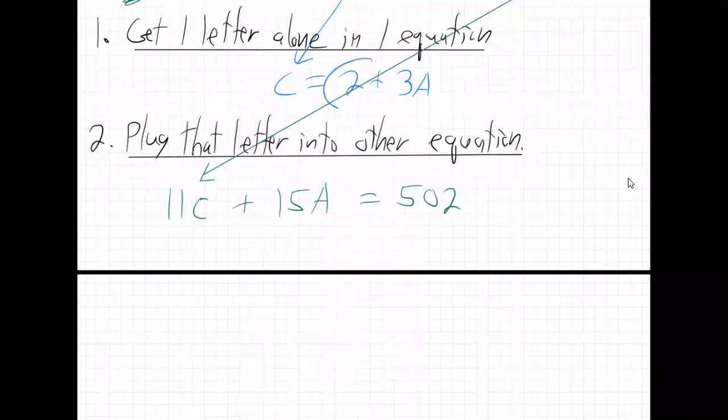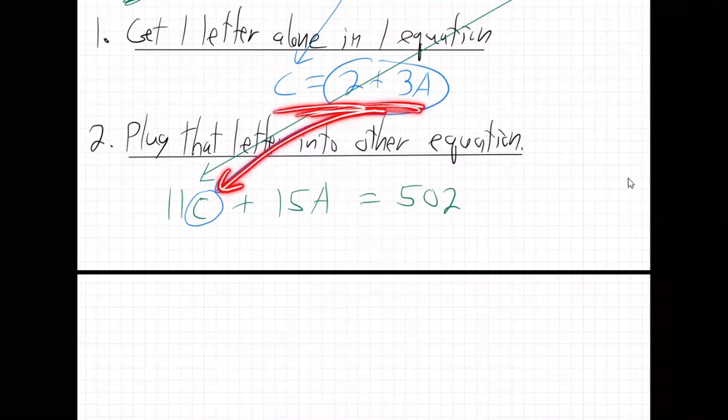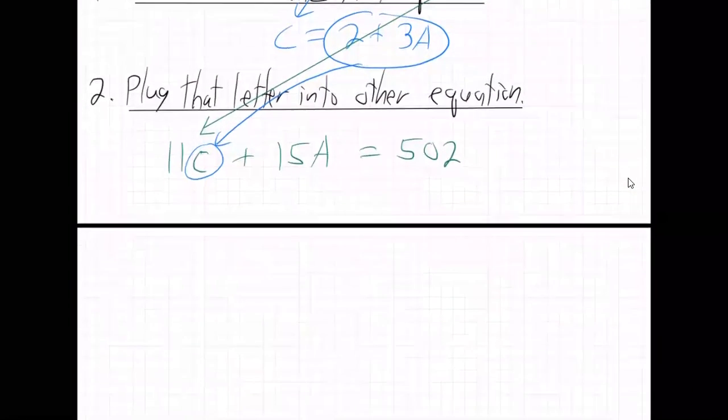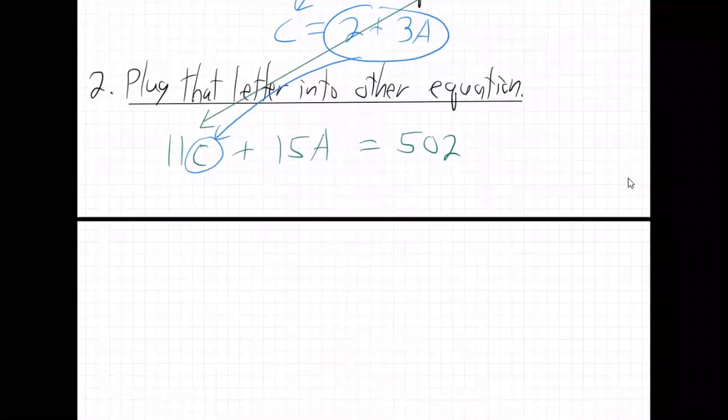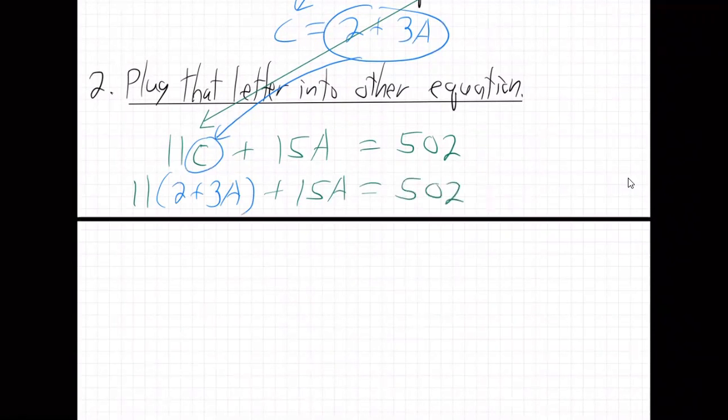So I'm going to grab this C and plug it in right there for C, right? That's what we're saying. We get one letter alone in one, so we got C alone here. Plug that into the other equation. So where does that lead us? That leads us to 11 times C. And what is C? 2 plus 3A, plus 15A is 502.